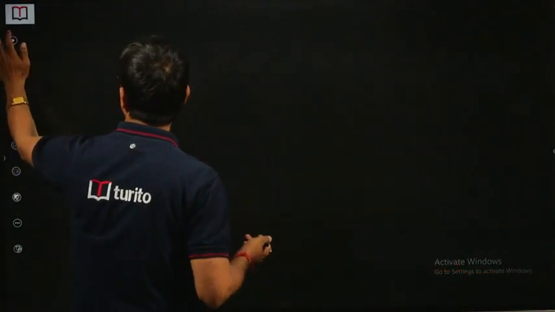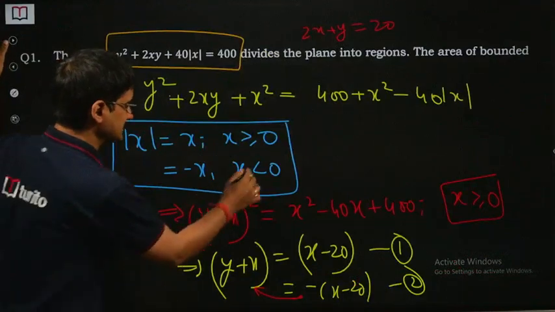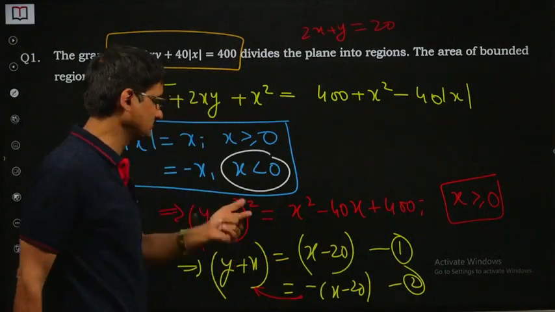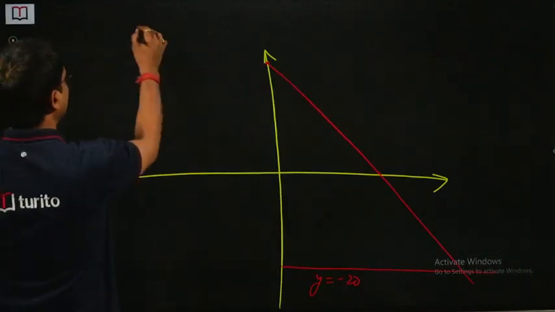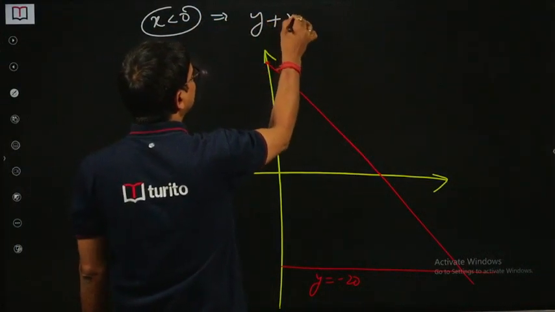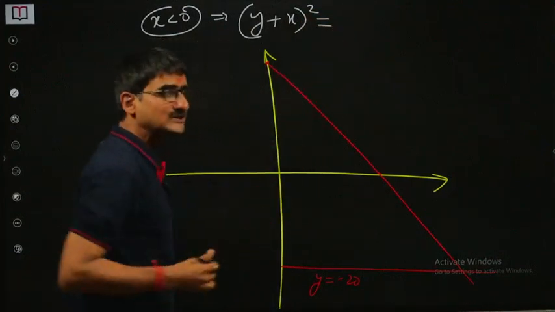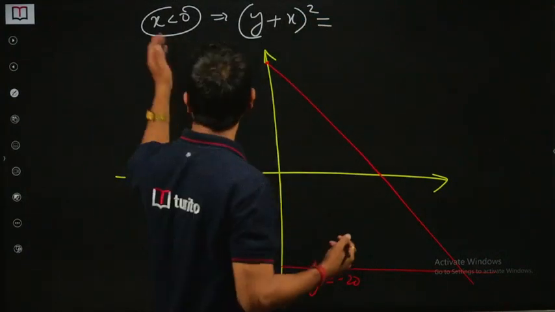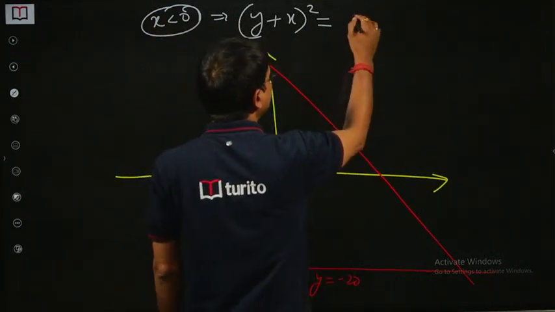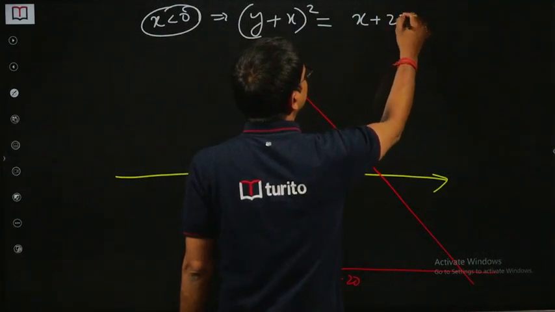The second possibility is when x is less than 0. In that case I'll be replacing mod x by minus x. So what will we get? We will get y plus x whole square, which is unchanged and has no dependence on x being less than or greater than 0, but here you will get x plus 20 whole square.